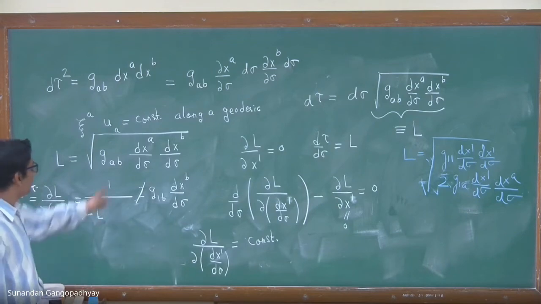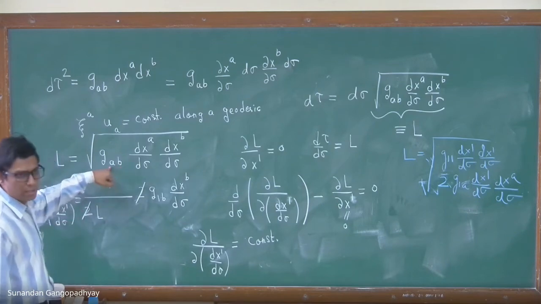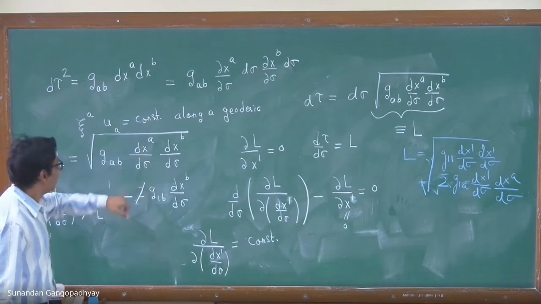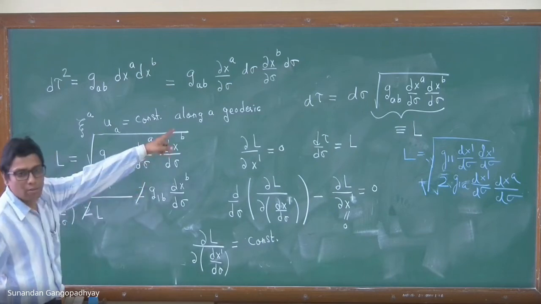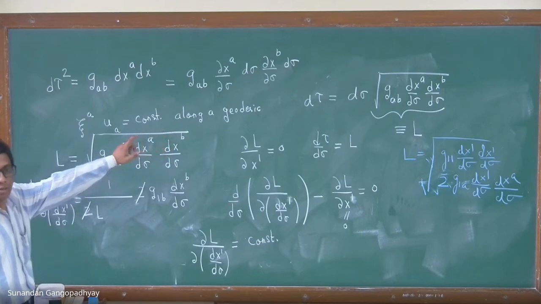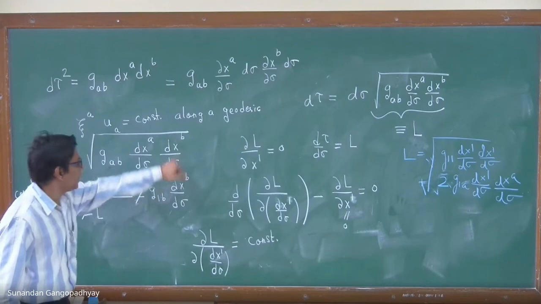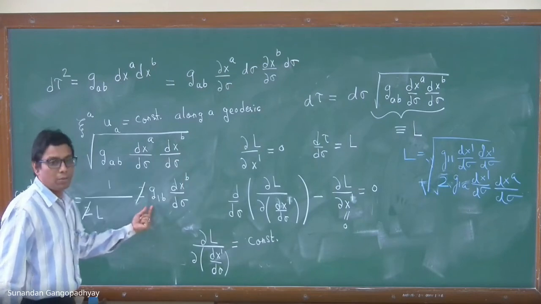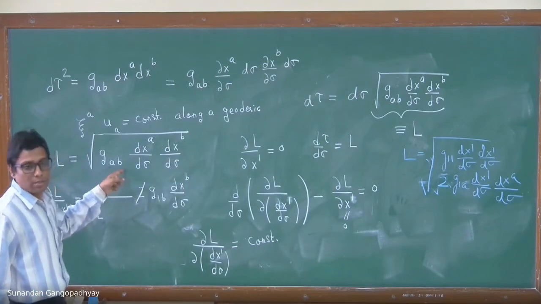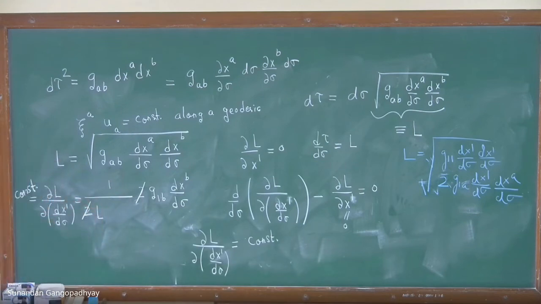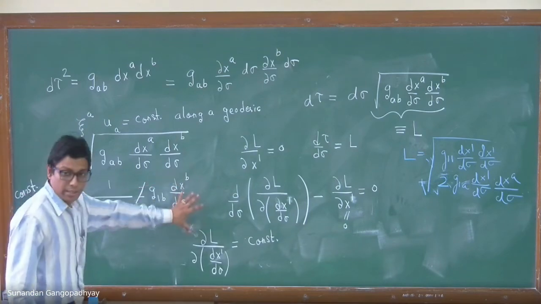So what I did, I isolated, I put this to be 1. Then you will get 1. And you don't need the other coordinates because the other coordinates are 0. So only g1B dxB by d sigma will be a factor of 2, because you could have set this also as 1, and this is symmetric. So you will get a factor of 2. So this 2 and 2 will cancel out. We have g1B dxB by d sigma.